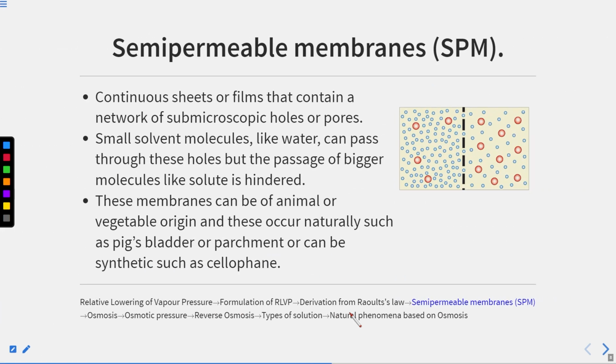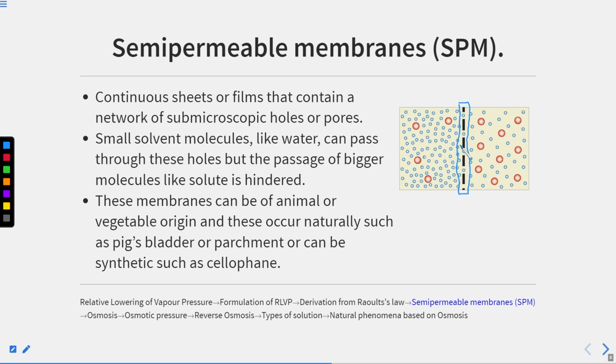Now we'll move to osmosis and try to understand what it is. Before that, let us get a clear idea of what a semi-permeable membrane, or SPM, is. Imagine a semi-permeable membrane: this column is put between these two compartments, and you can see a boundary here very clearly.